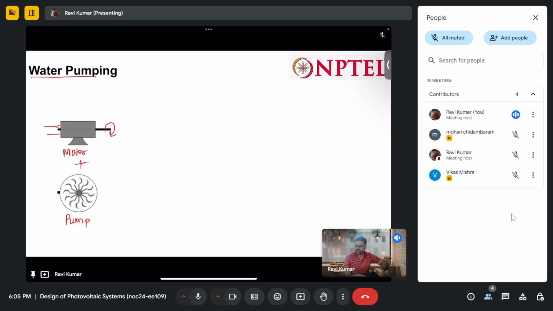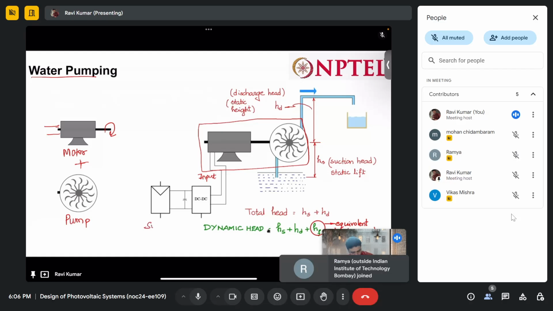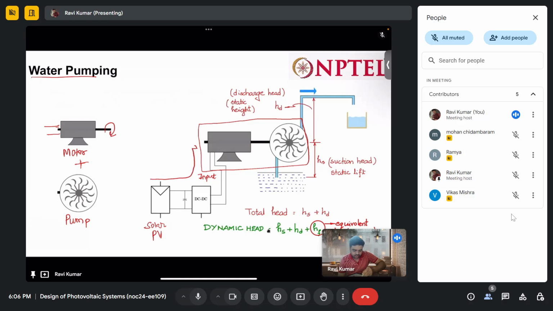For integrating with the PV, we can see it here like this. So this is a motor with pump. First understand these things. The input to this motor, or we can say pump, is coming from solar PV. So this is the input side. Now current is coming from the solar to this electric DC motor.